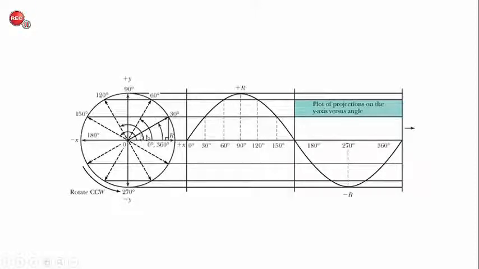And so notice that through the first 30 degrees of rotation, if the radius started out here at 0 and it rotated up to 30 degrees, the change in the y value is relatively large, but the change in the x value is relatively small. That's opposed to, say, rotating from 60 to 90 degrees, where from 60 to 90 degrees the change in the y value is relatively small, but the change in the x value is relatively large.